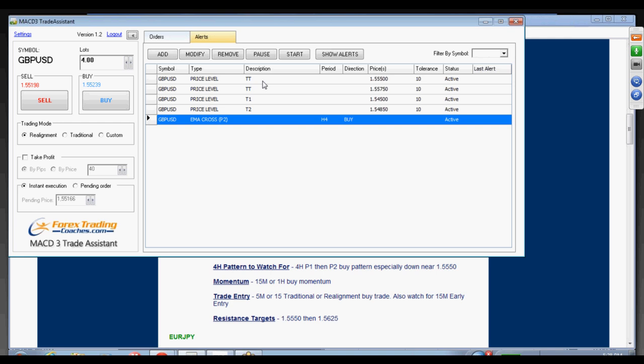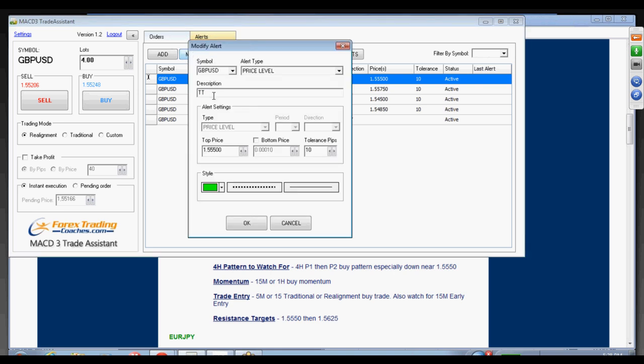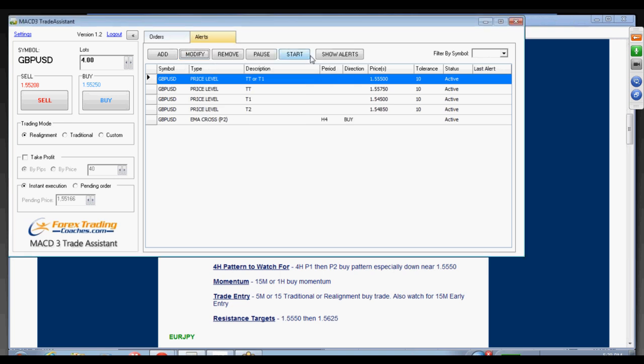So what I would do in that is I actually go in and modify this line, which already has 1.555 as a traditional trade. I just modify that, put traditional trade for T1. So it's also marked as a T1 or a traditional trade. I do that right there after looking at it.